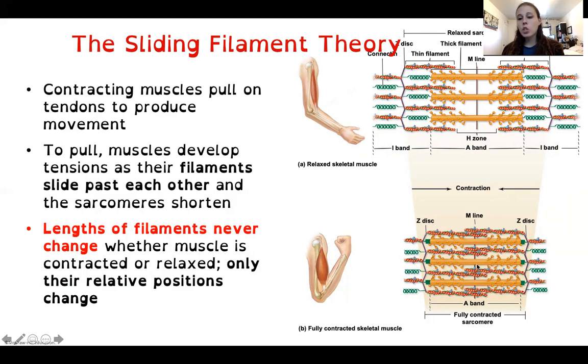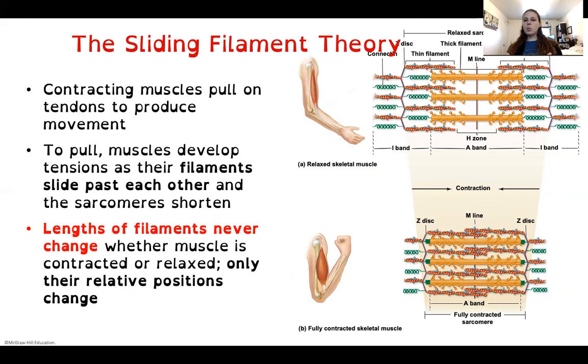In this case, the H zone is not there anymore, it disappeared, because there is no area that has only thick filaments. At the same time, the I band has become very, very small because that's the region where there are only thin filaments. Also notice that the length of the filaments does not change. The filaments are staying long. The only thing that changes is the relative position between the thick and thin filaments.